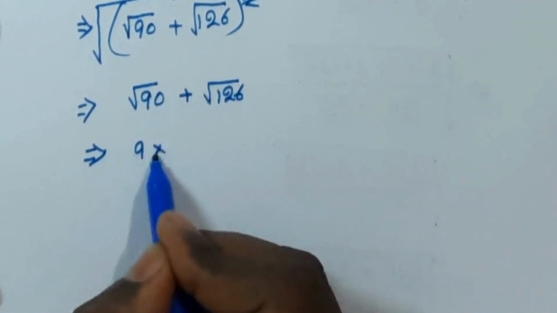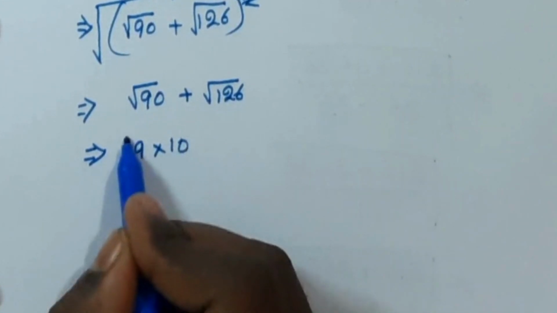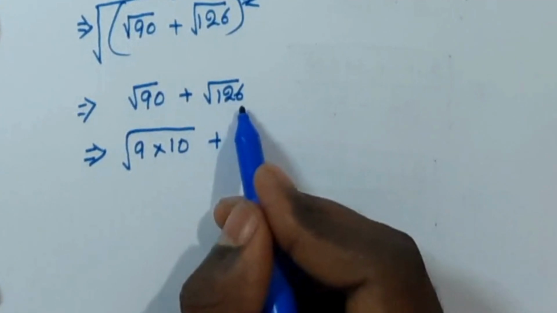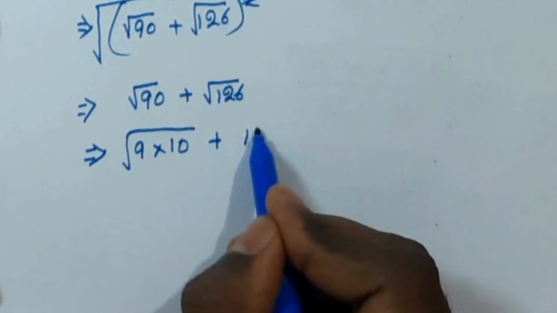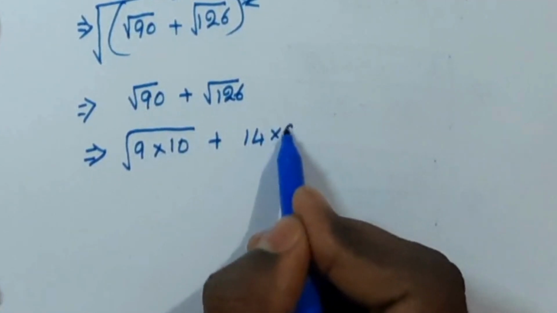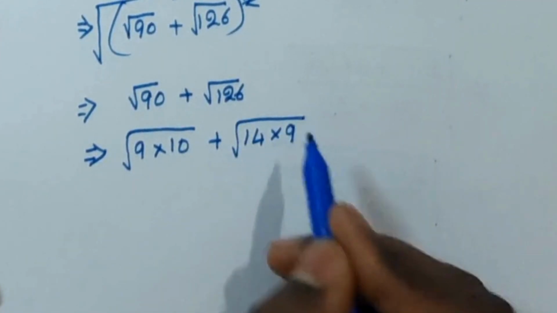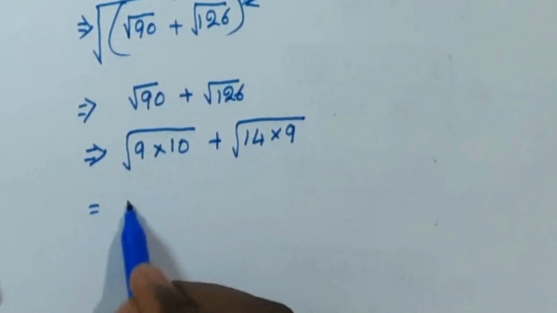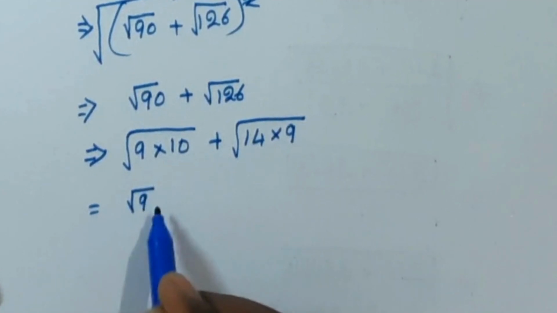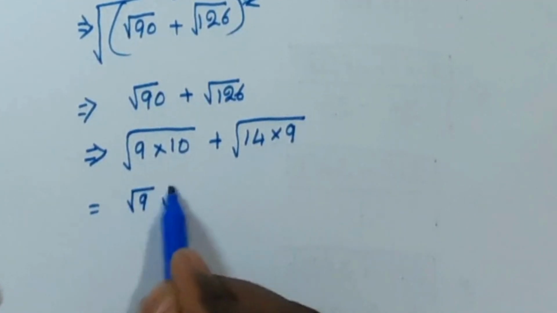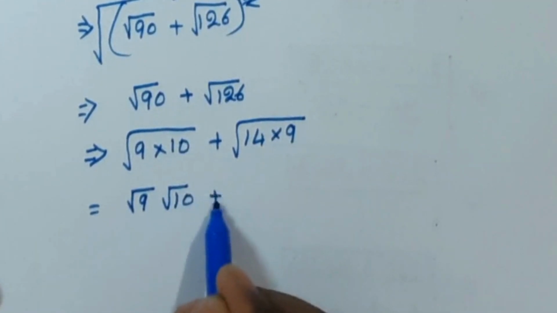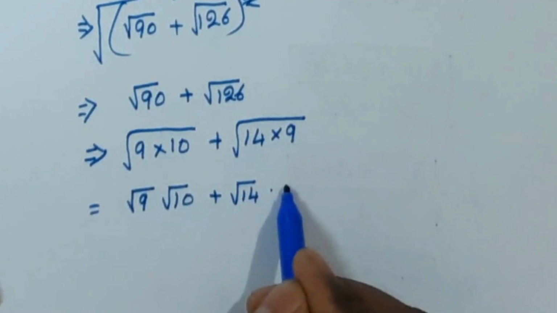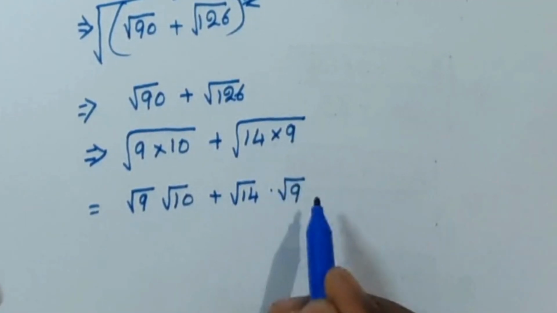9 times 10 square root plus 126 can be written as 14 times 9. So this can be written as square root of 9 times square root of 10 plus square root of 14 times square root of 9.